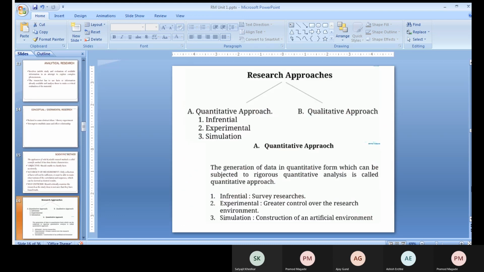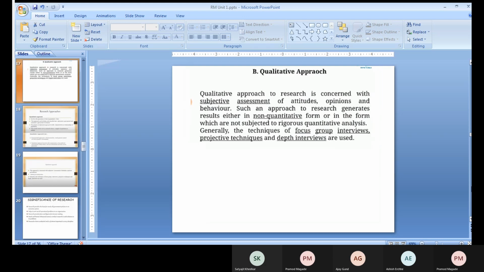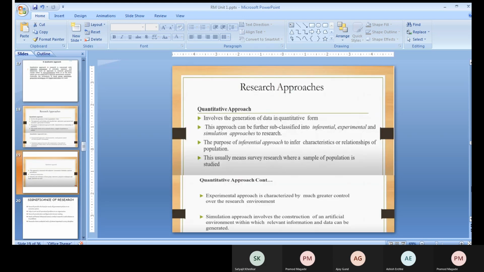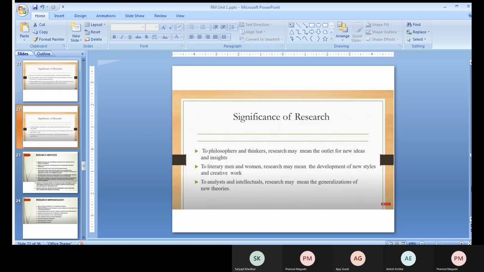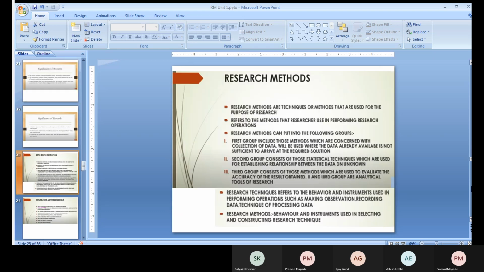The research approaches, out of that qualitative and quantitative research we focused on. After that, we discussed the significance and importance of research. After that, the methods which we need to follow according to the types of research, that also we have seen in today's session. So I hope you understood the things.